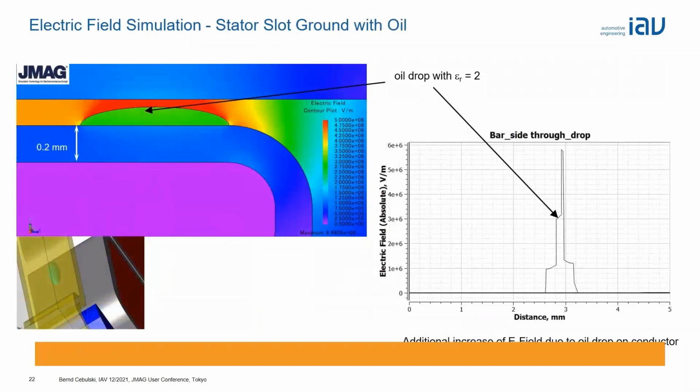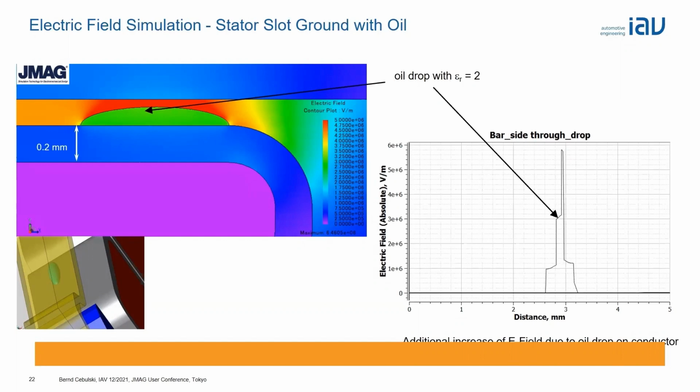We now have oil-cooled machines where some oil is used for direct cooling of the winding heads. And with an oil drop on conductive parts, you have a local increase of the electrical field strength, which can lead to partial discharge in a certain area. Even very small oil drops can make a partial discharge occur. The reason is that the permittivity of the oil drop is different from the insulation system.